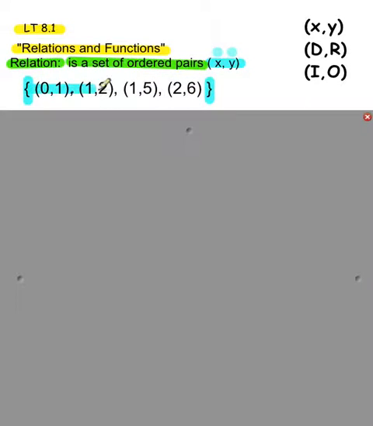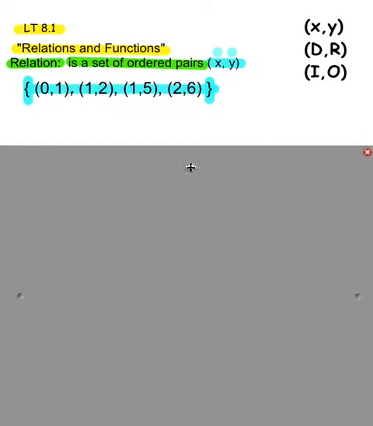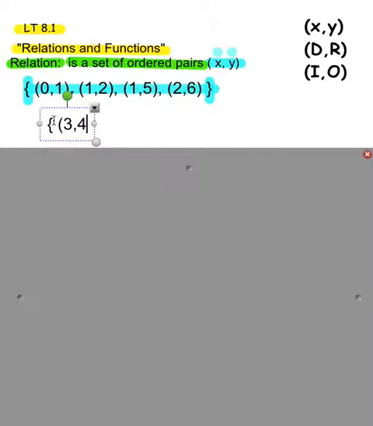This whole thing is a relation. Now if I'm going too fast, just hit pause so you can get everything in your notes. Now I could have given you an example like this, starting with my solution set. I could have said (3, 4) and (10, 15). Close it with my solution set. That is also a relation.